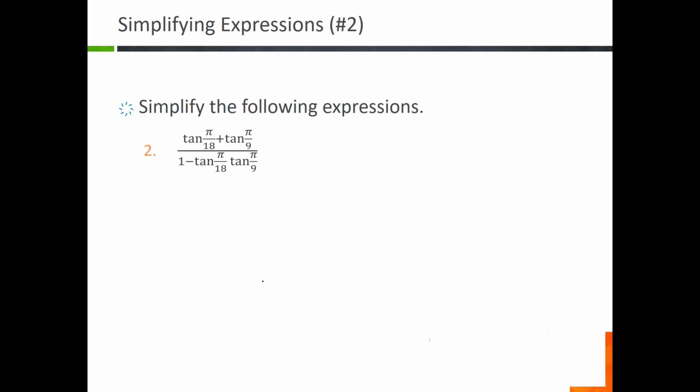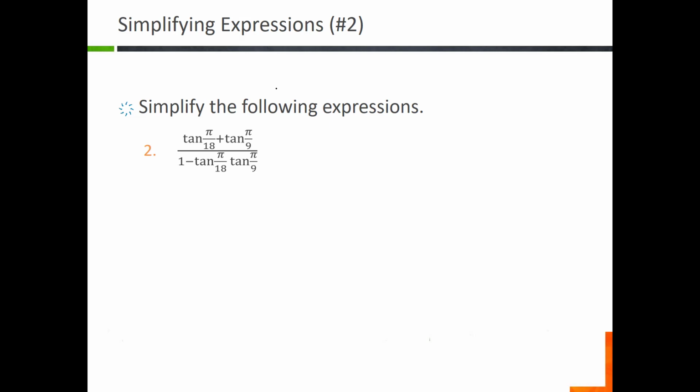So we could rewrite all these tangents as sines over cosine. But unfortunately, we don't know what the sine of pi over 18 is. Pi over 18 and pi over 9, those are not our nice unit circle values. So even if we did that, we'd still have to do something else. But as I said before, you don't have to have all the identities memorized if they're on the identity sheet, but you should be familiar with them, okay?